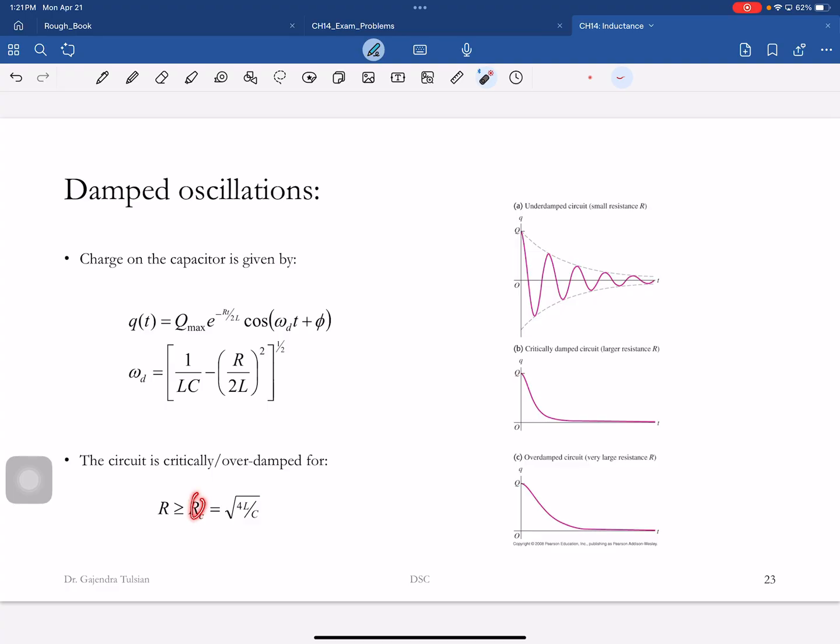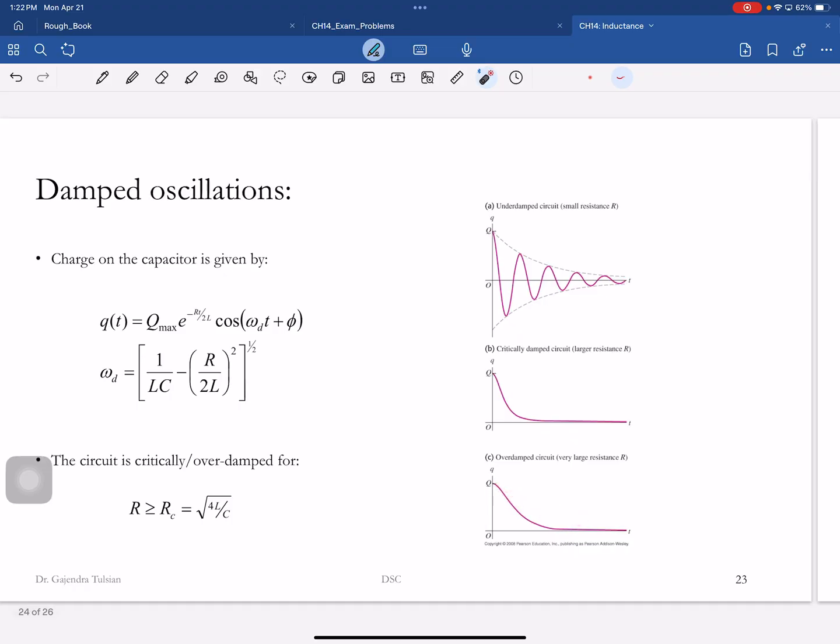The critical value of the resistance is such that there's no oscillations for R critical. That is equal to that, and this will be 0. If the resistance is greater than that, of course it doesn't oscillate.